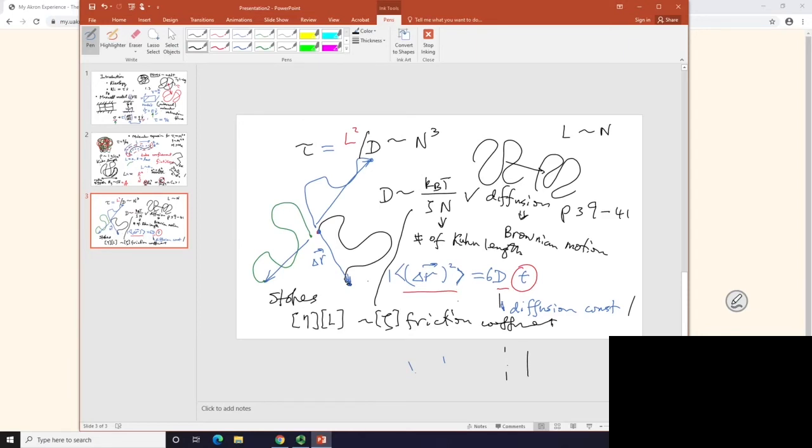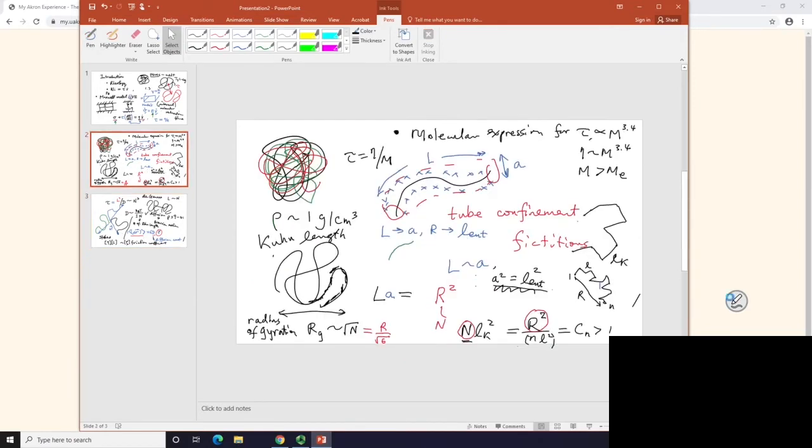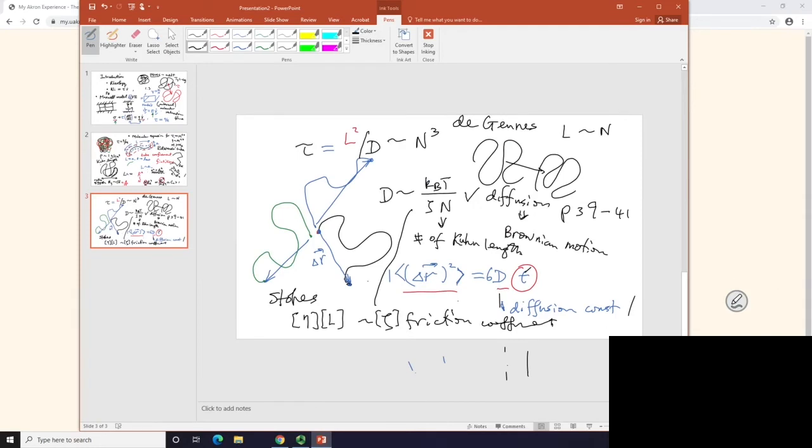Right. So I can amplify that point. Theoretically, when Dejin initially did this, this is all due to Dejin, who built the concept of the tube model. This tube concept is due to Edwards. When they initially worked it out, like Dejin worked it out, it was exactly 3.